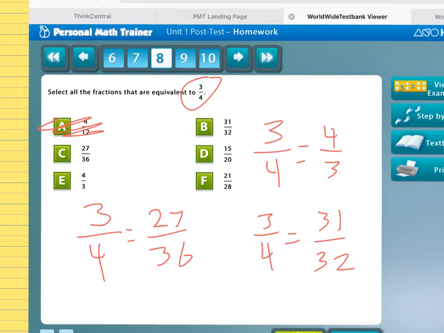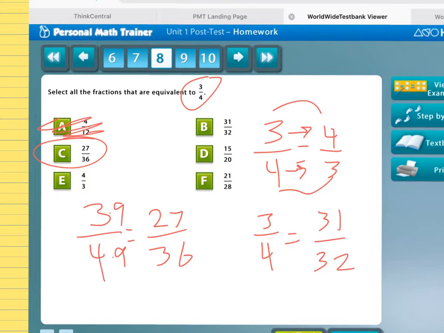Alright, doing C, E, and B. C is 3/4 is equal to 27/36. Well, 3 times 9 is 27, and 4 times 9 is 36. So we are multiplying the numerator and denominator by the same number, therefore it is equivalent, so C would be an equivalent fraction. Obviously E is not, because there's no way you can move from double rainbowing it 3 to 4 and 4 to 3.